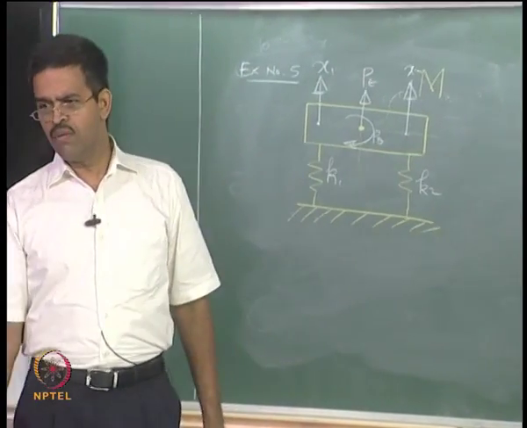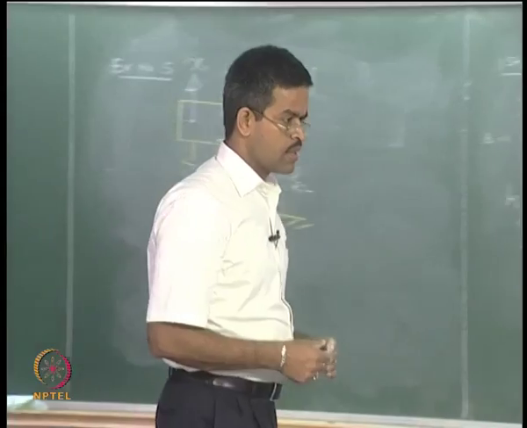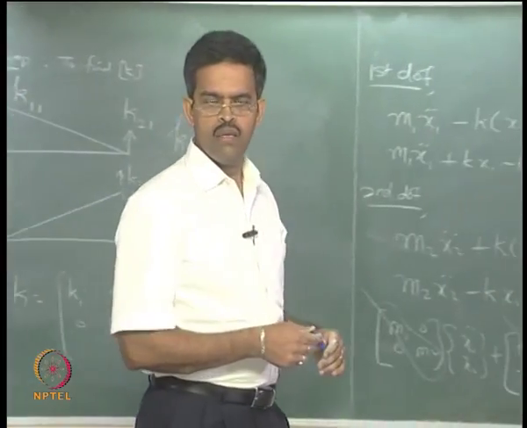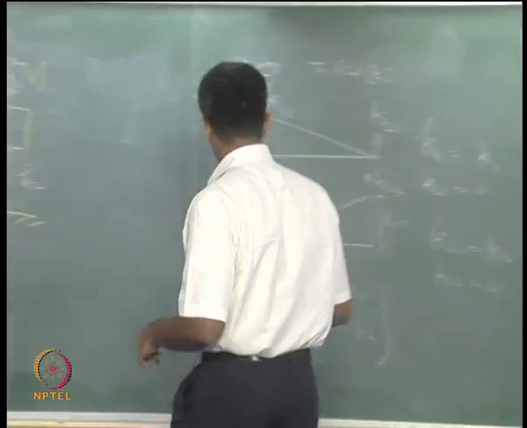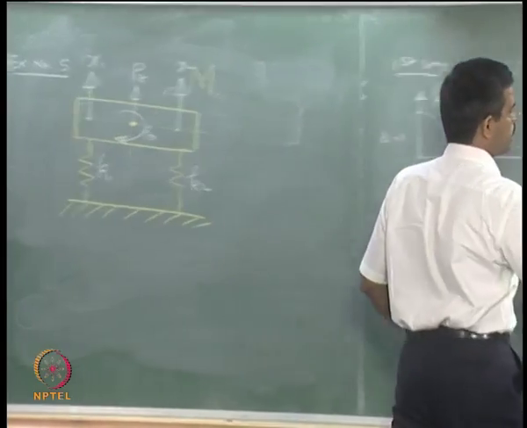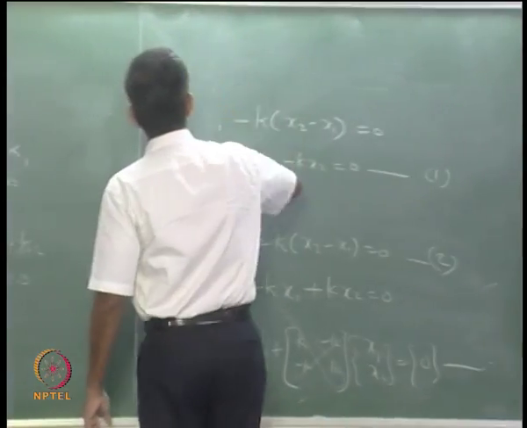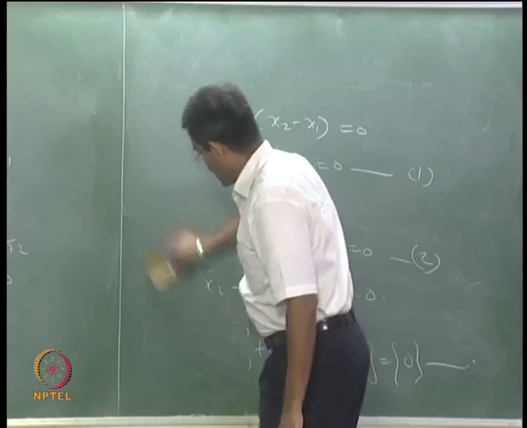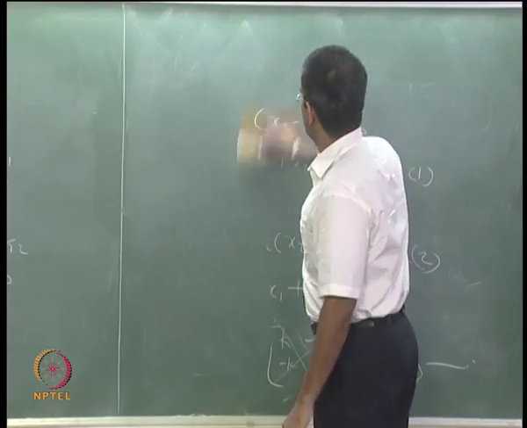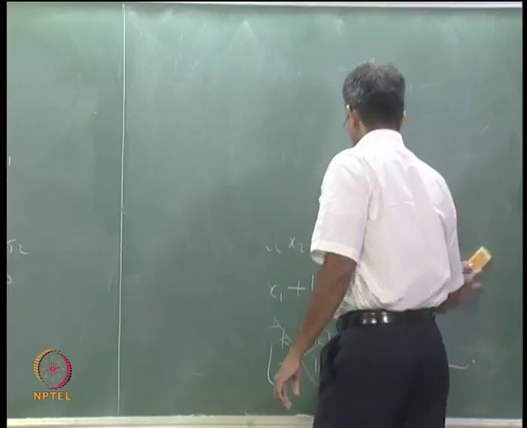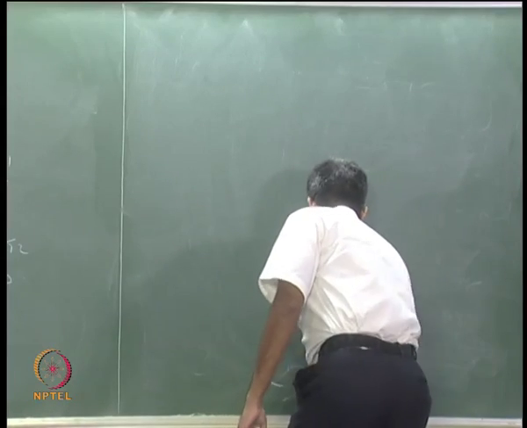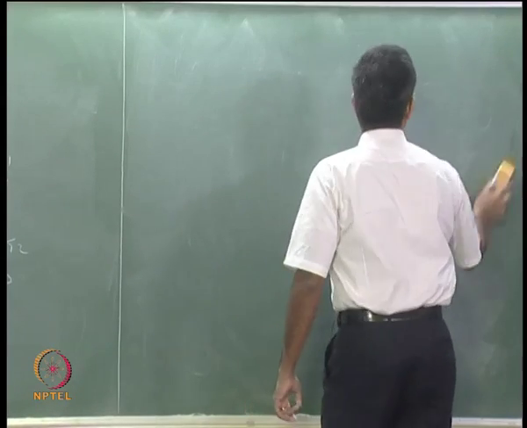The system will become... I will remove this, think it over. If stiffness and mass both become diagonal, what happens? See, if these questions can be answered extempore, I think you can directly take the third module of this class.